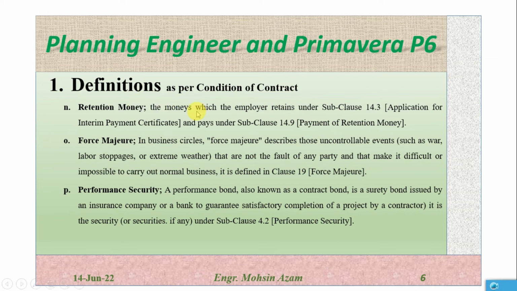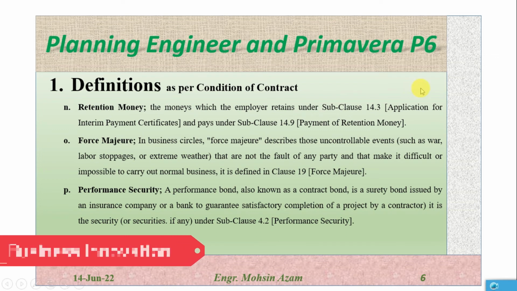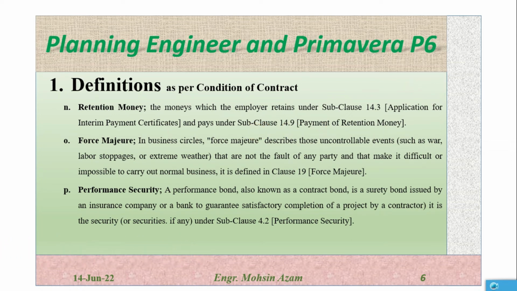It's usually 5% or 10%, depending on the conditions of contract. So this is the money which the employer will retain and will pay us under the payment of retention money. The client will retain it and pay us after the defect liability period, which is usually 10% of the contract agreement.